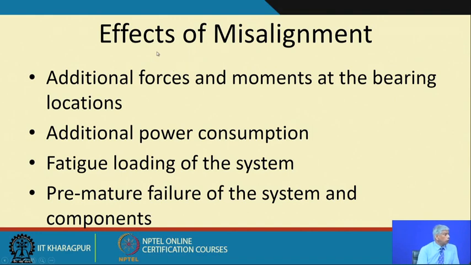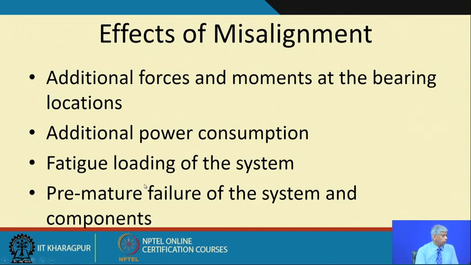Okay. So, what happens? The effects of misalignment are additional forces and moments at the bearing locations. Obviously, if there are additional forces and moments, there will be additional power consumption because the frictional normal forces have increased, so the frictional forces would have increased, and additional power is consumed to overcome these frictional forces.